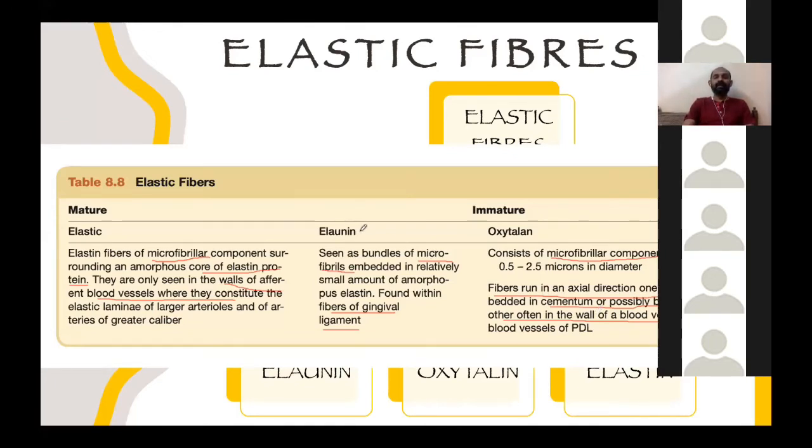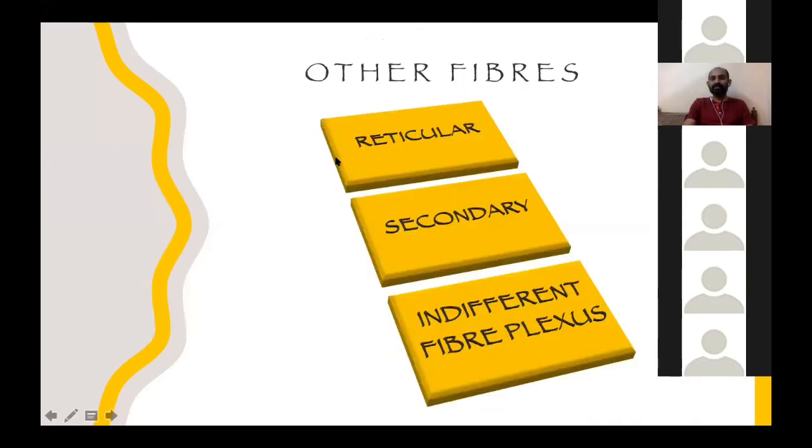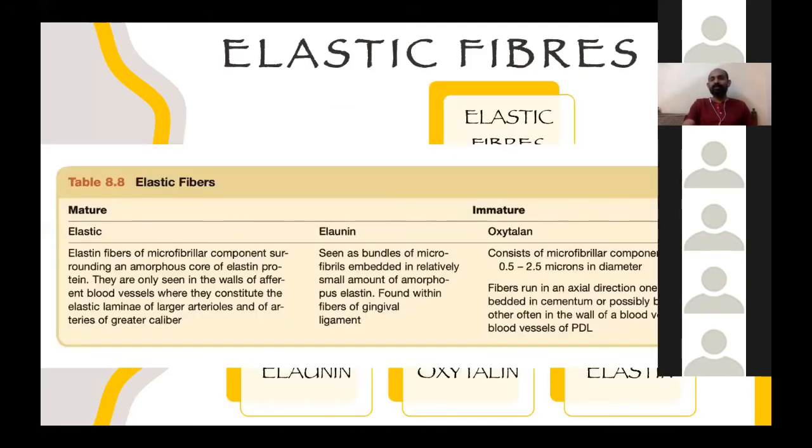So these are the three different groups of elastic fibers: the elastic fiber, which is mature, and the elaunin and oxytalan fibers, which are immature. Then the other group of fibers, you just need to know the names: the reticular fibers, the secondary fibers, and indifferent fiber plexus. So I will just brush up the whole fiber system.